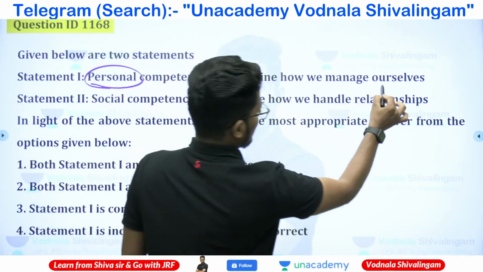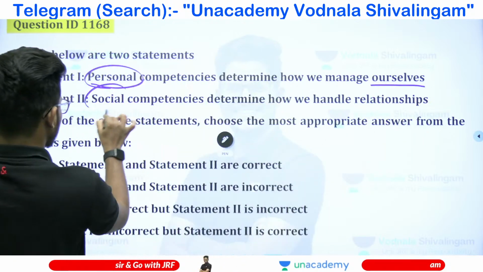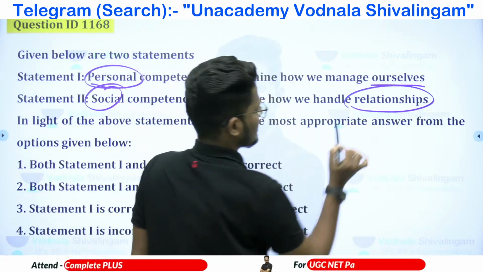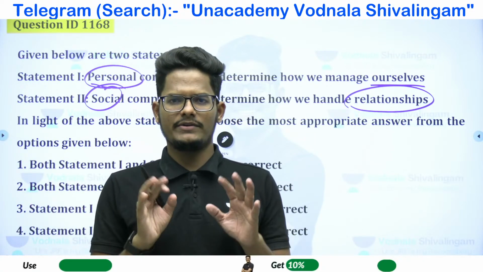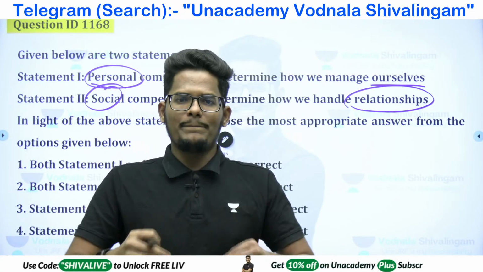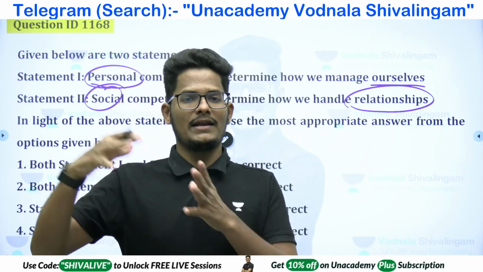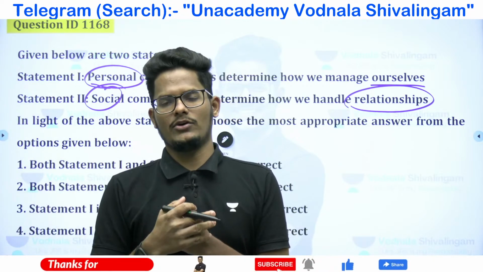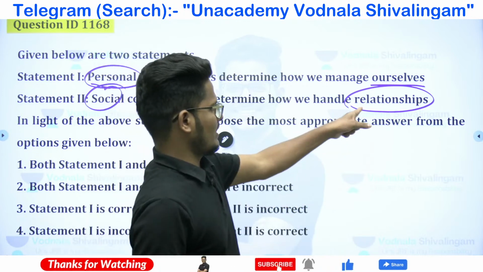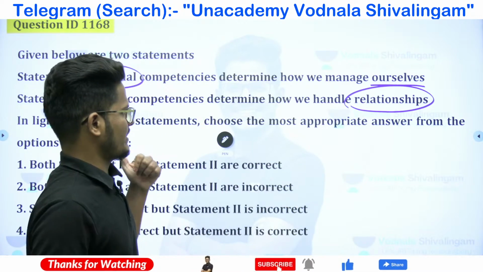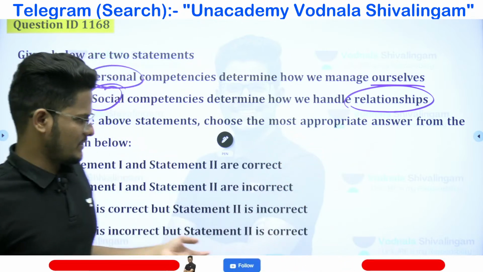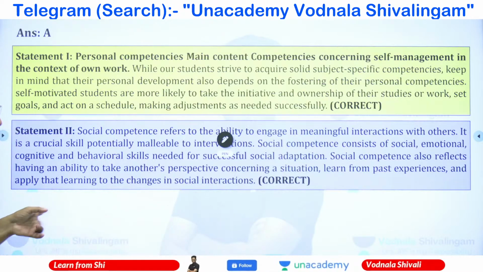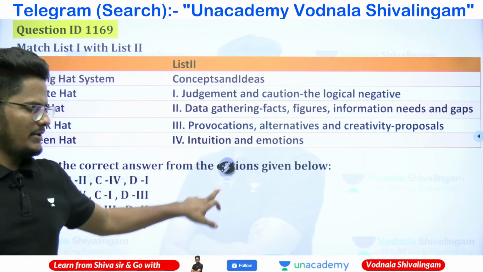Personal, ourselves. Social, relationships. That's the keyword. Whenever social competencies come, remember this: we are not comparing with ourselves, we are dealing with outside persons, outside society. That's what social relationship means for social competencies. And how we manage ourselves comes under personal competencies. We deal with both on a daily basis.